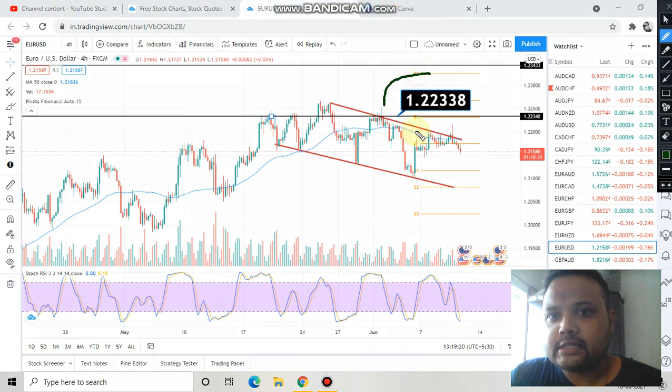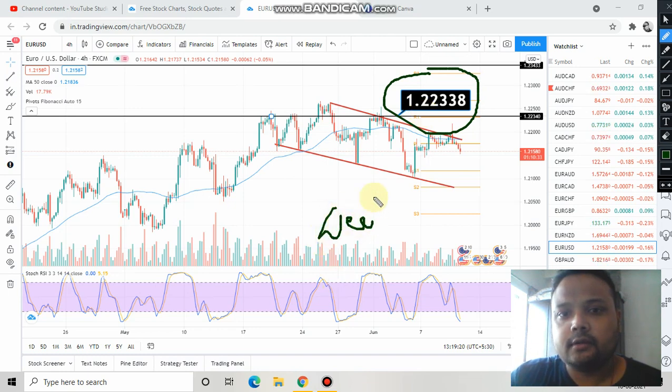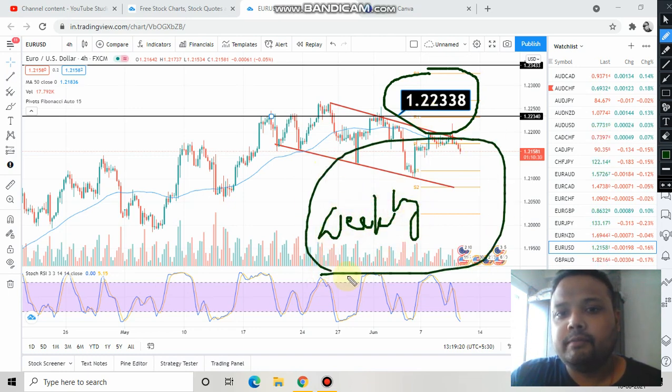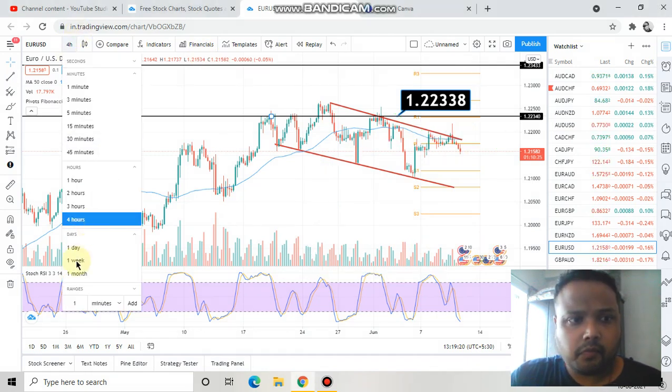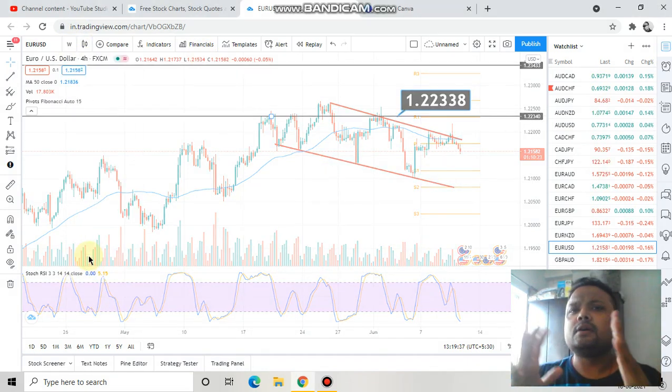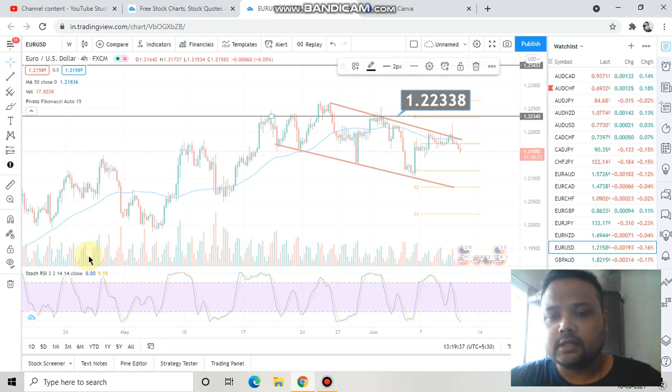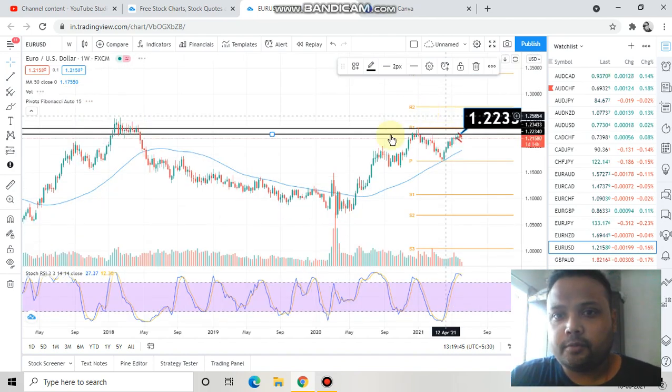This resistance is very important to the market, because this resistance level belongs to the weekly chart. Therefore, this is our first trading opportunity here. Considering the present position of the price, this is our best trading opportunity.